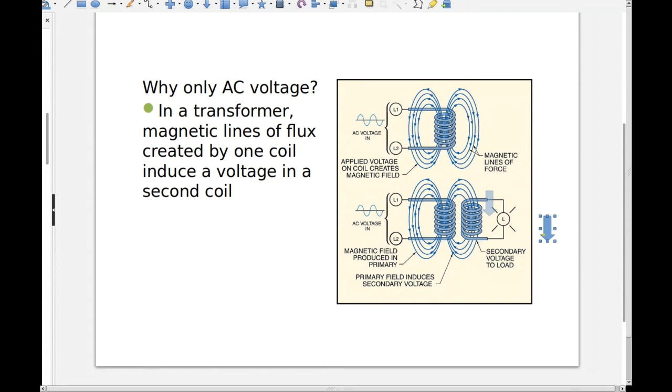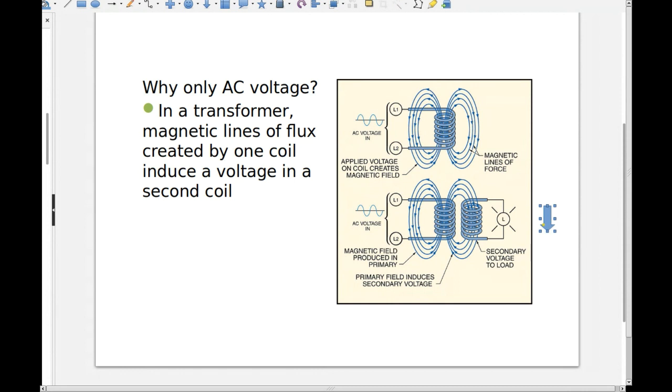Okay, and so the book talks about a couple of different terms. I forget one of the terms they refer to as leakage inductance.